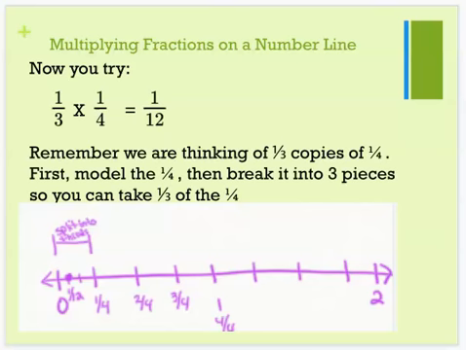So we're thinking of 1/3 copies of 1/4. So first model the 1/4, then break the 1/4 into 3 pieces so you can take 1/3 of it. When you split that into those thirds, you could imagine splitting all of these sections into thirds up until 1 so you can tell what unit fraction that little piece is. And as you can see, it would be 1/12.